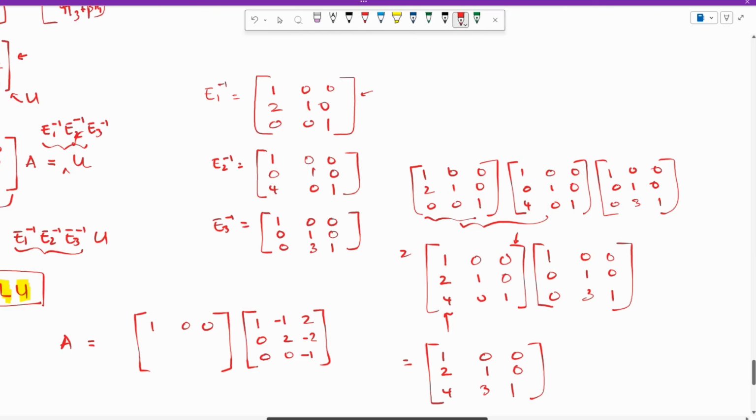So the product of these three essentially results in this matrix. And as I said earlier, lower triangular, upper triangular.